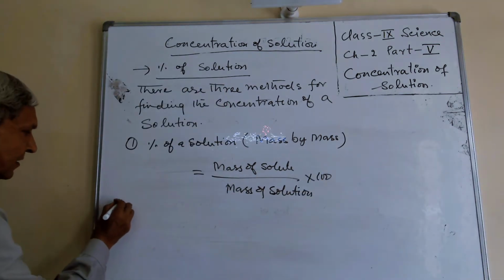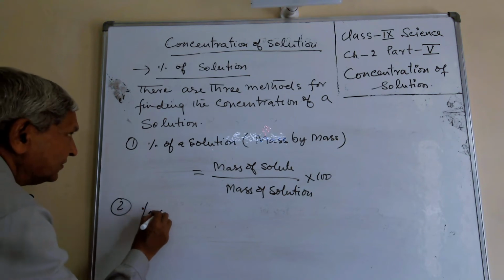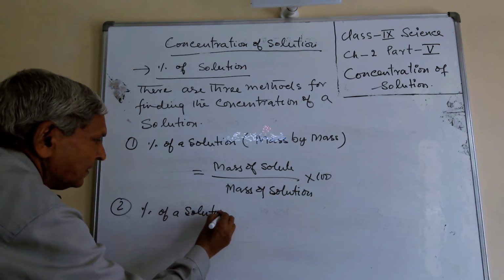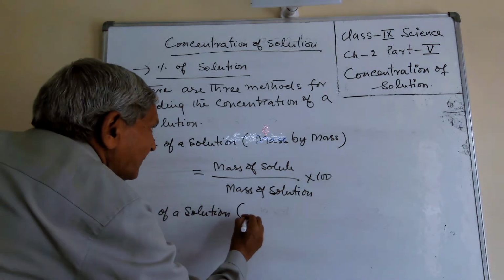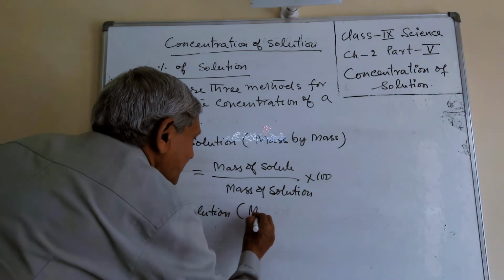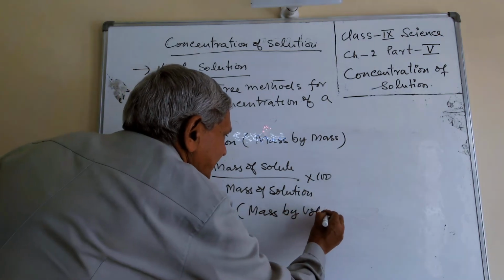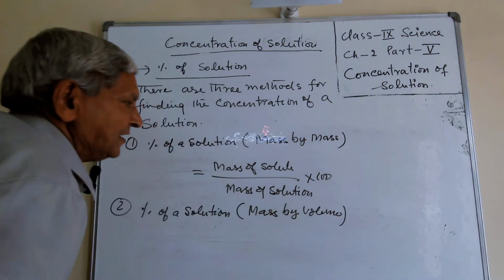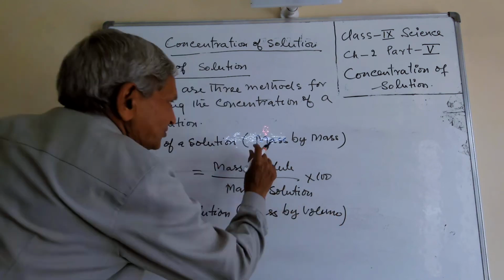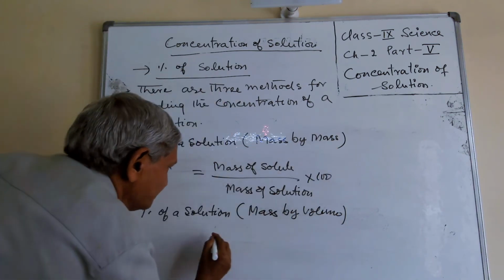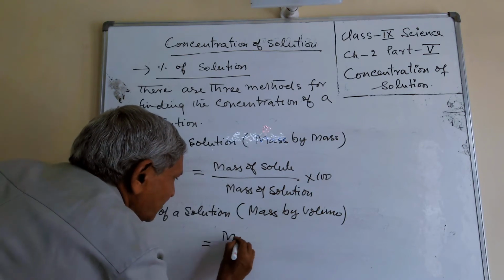Now, second, percentage of a solution by mass by volume. This is the second method, my dear student. In the first method, mass by mass. In the second, mass by volume.